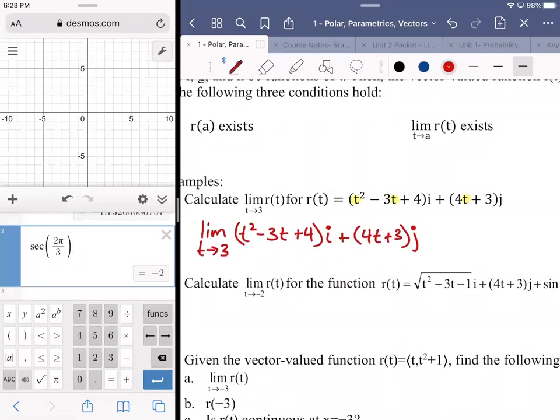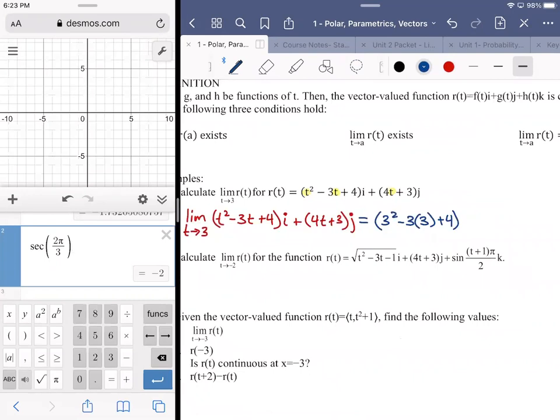But I don't think you need to, because it's just a matter of saying 3 squared minus 3 times 3 plus 4 i plus 4 times 3 plus 3 j.